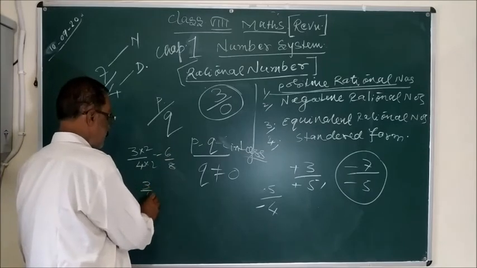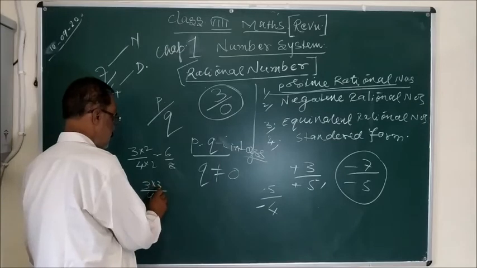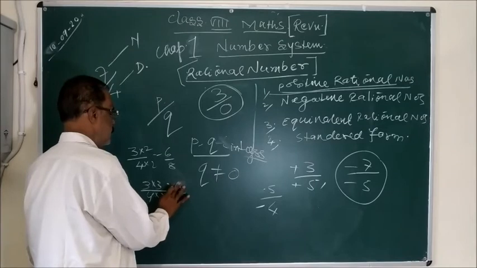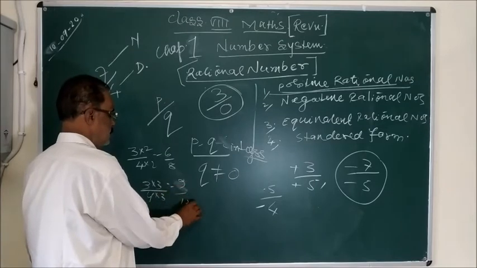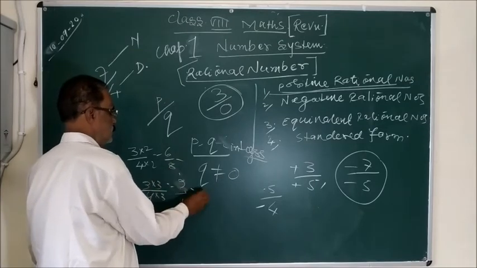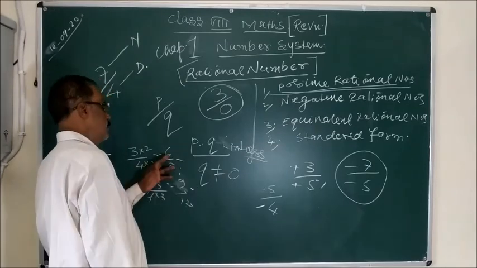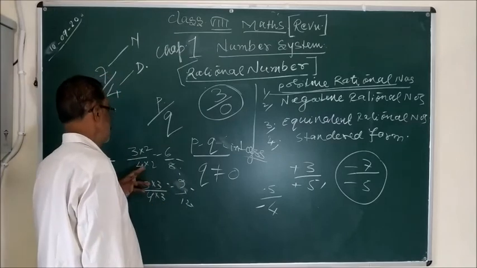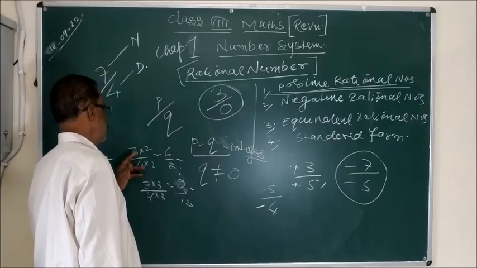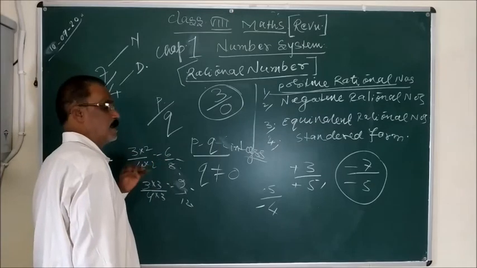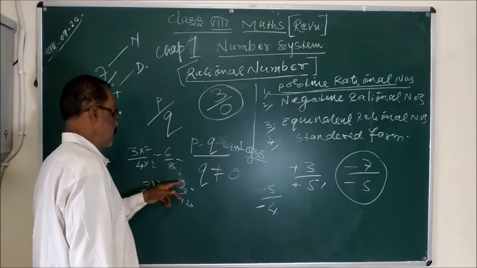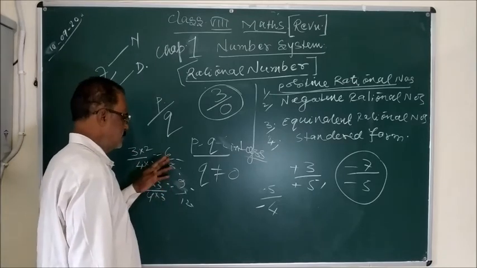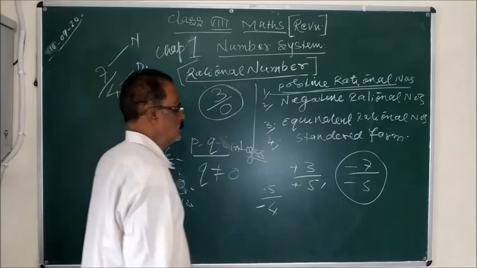If you multiply by 3, you will get 9 by 12. तो इस तरह से हम देख रहे हैं कि ये जो फ्रैक्शंस आ रहे हैं, all are called equivalent fraction. यानी the fractions which have equal value, 6 by 8, 9 by 12, or 3 by 4, all are equal, and that is why they are called equivalent fraction.